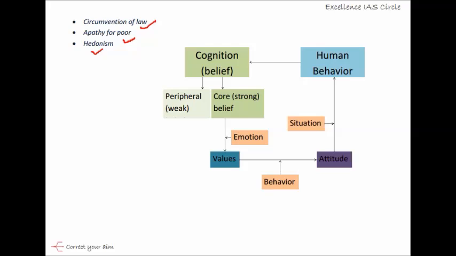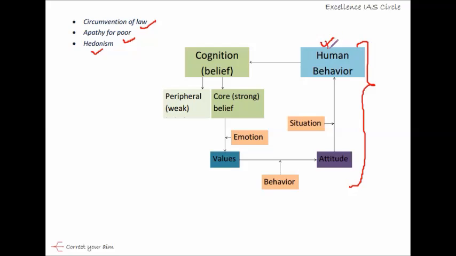So if you're wanting money, you want to amass wealth, you want to go on a tour of Europe, if that is the source of your happiness, then you can be said to have a hedonistic attitude. And any kind of such attitude is a reason for your behavior which can be related to corruption. See, this is one of the very important diagrams in the entire syllabus of ethics.